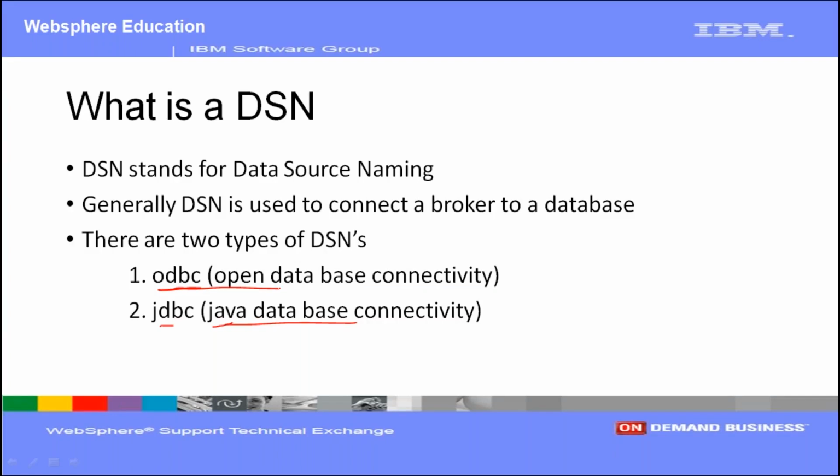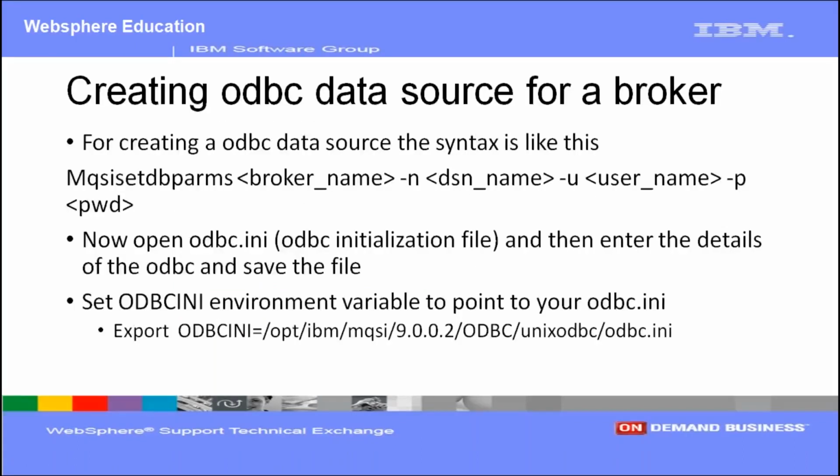But whether it is an ODBC database or a JDBC database, the process is the same. How the broker is going to establish connectivity to those databases, the process is the same. Okay, now let's see creating ODBC.